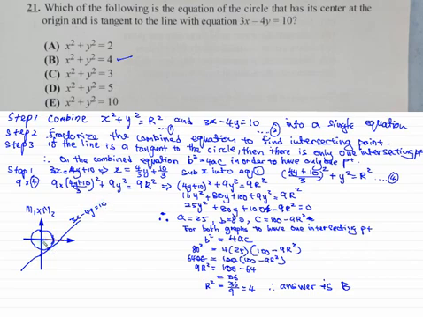Now if this is the radius of the circle, it touches this tangent, so this is 90 degrees. That means at the point of intersection, the m1 we can obtain from here. After we find m1, we can find m2. M2 is the gradient of the radius, which is at the point of intersection.